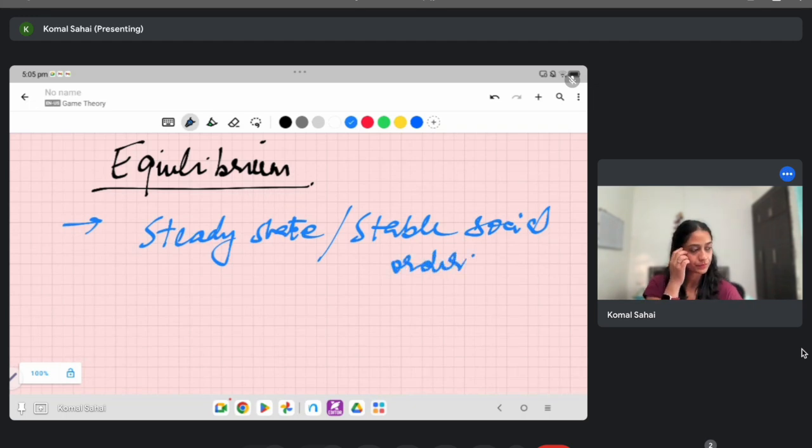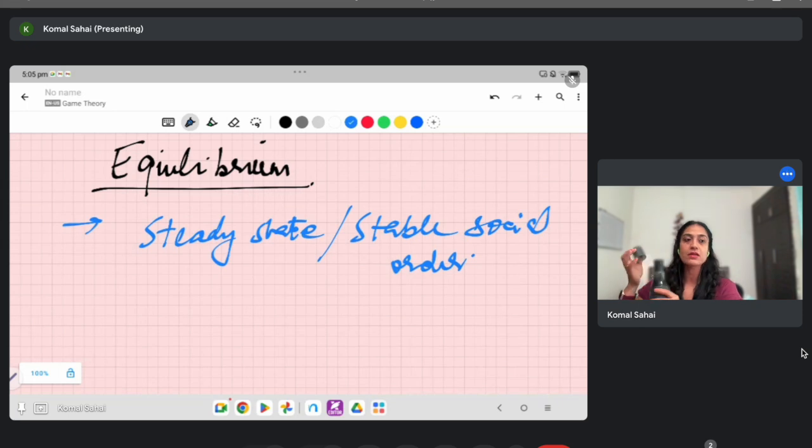Okay. So now how to get there, how to find the equilibrium of a particular game, उसके लिए हम क्या करेंगे? We'll start at the assumption of rational choice. ठीक है? So हम अभी भी, so we are still in traditional micro.